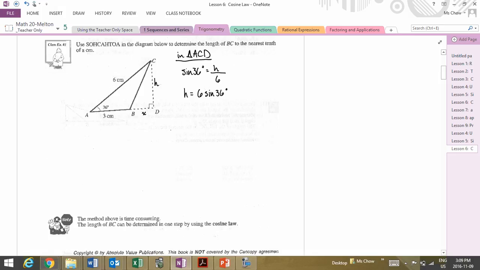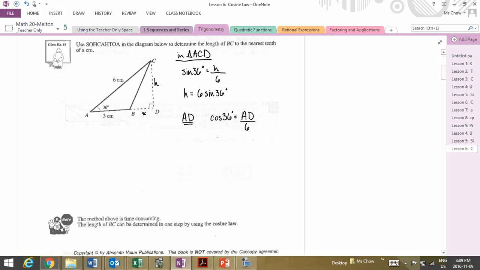And so for AD, we're going to say that cosine of 36 degrees is equal to the adjacent, or that full length of AD, divided by the hypotenuse, 6.